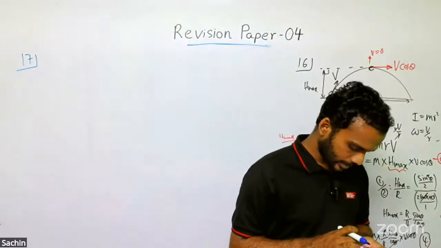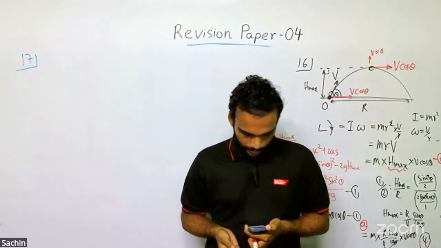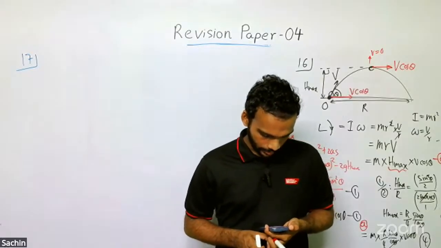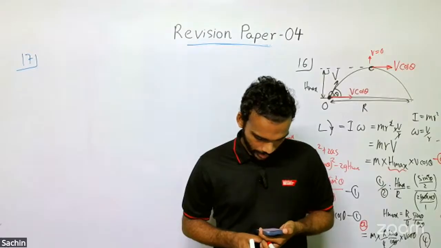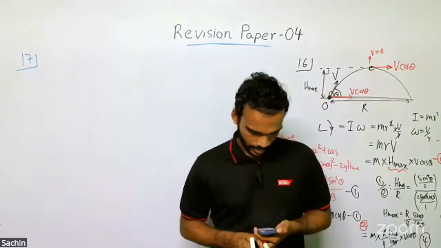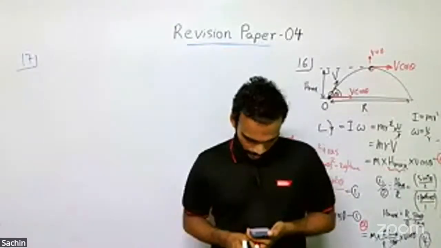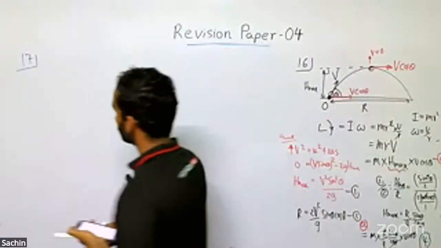Question 17. A certain person can see objects clearly only when they are between 0.5 meter and 2 meters. To see distant objects clearly, which of the following lenses is most suitable for him?